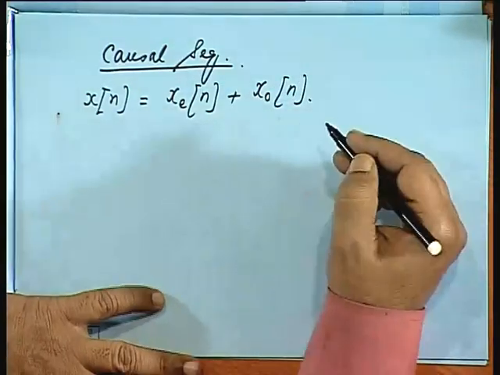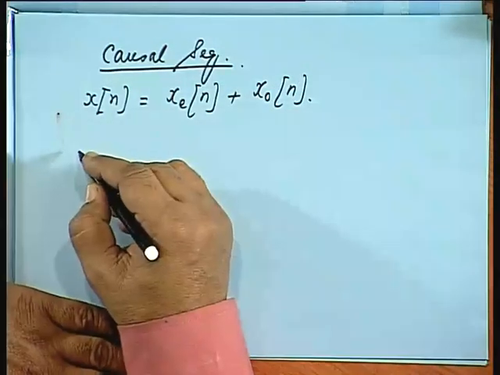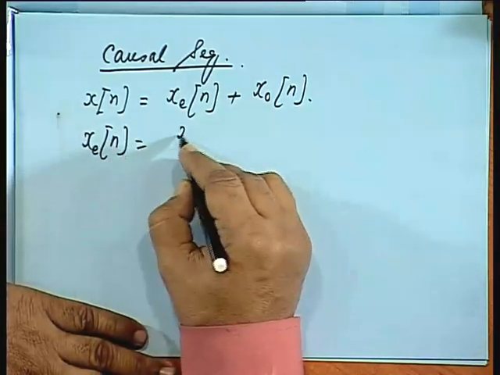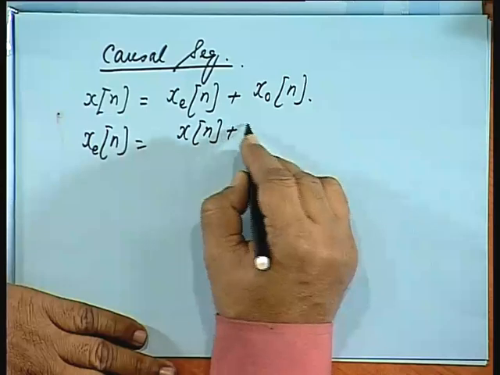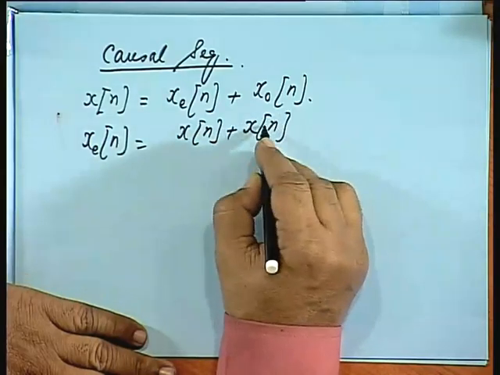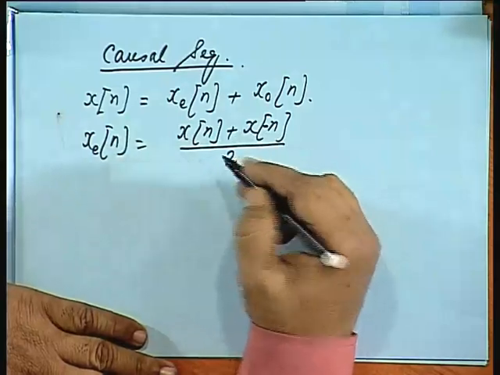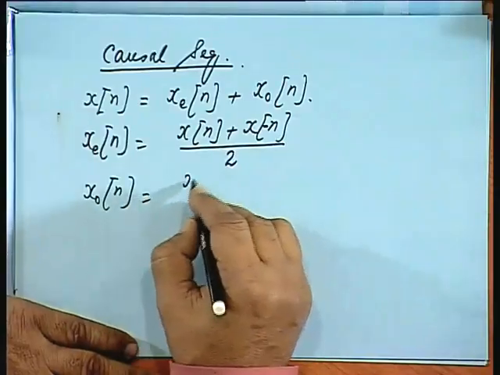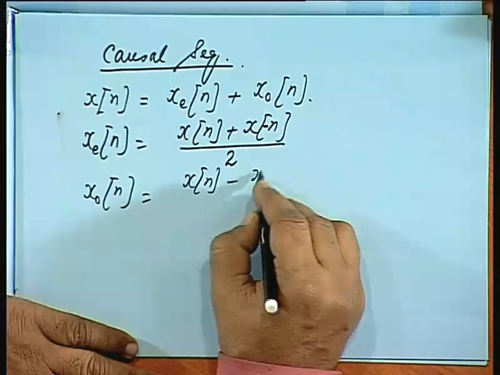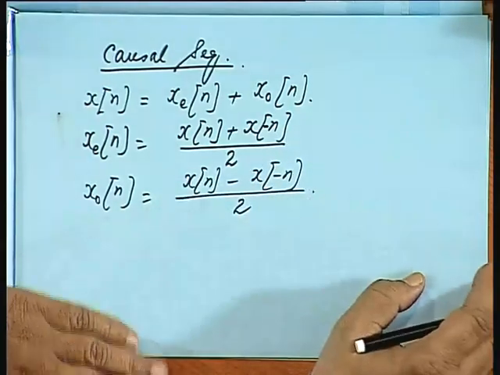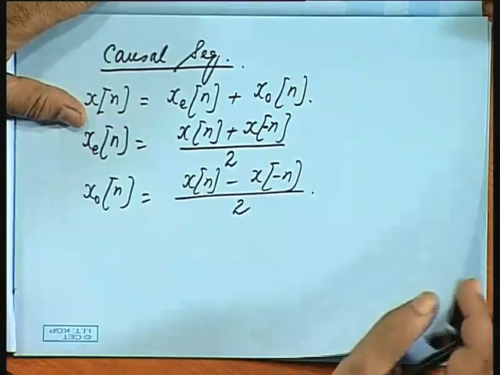Basically they are even functions and odd functions, where the even part will be evaluated from the value of the function in the positive and negative region of n. Similarly, the odd part will be x n minus x minus n divided by 2. We are considering only real sequences at this moment.